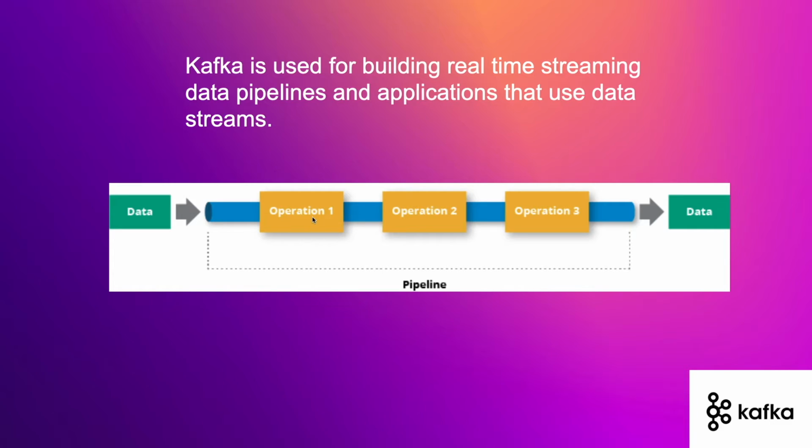You could have one operation that enriches a certain part of the original data, and then the next operation might add additional data, or you could have operation 2 enriching operation 1's data, or operation 3 enriching the data from operation 2.